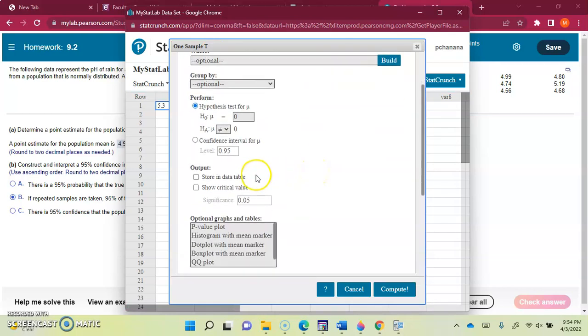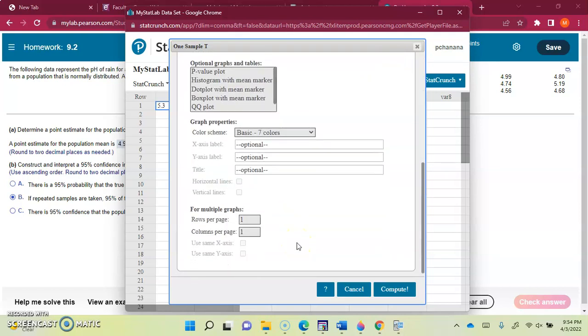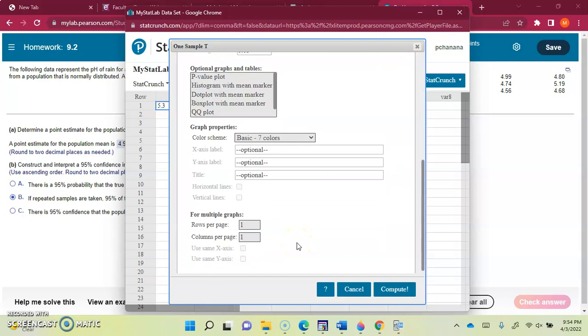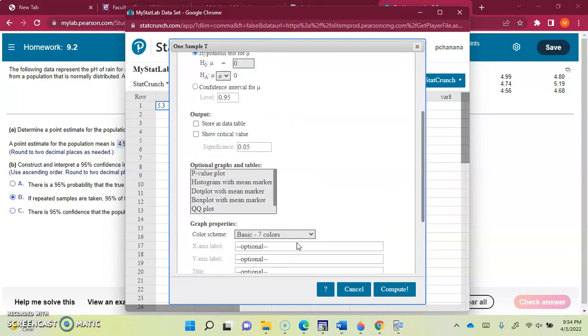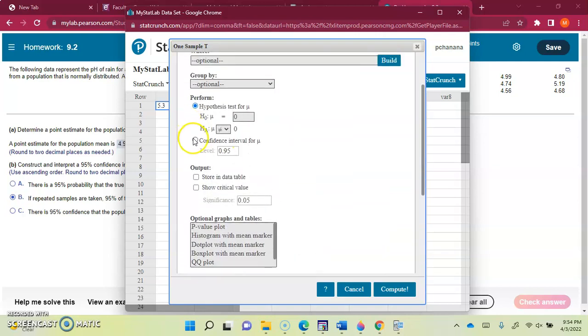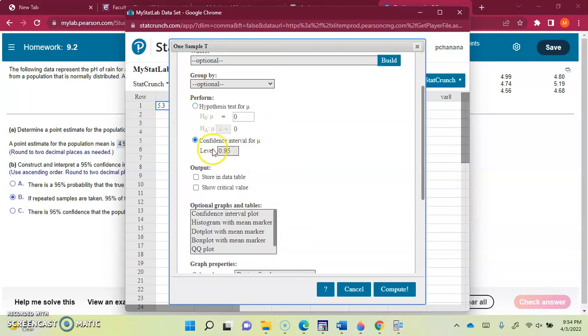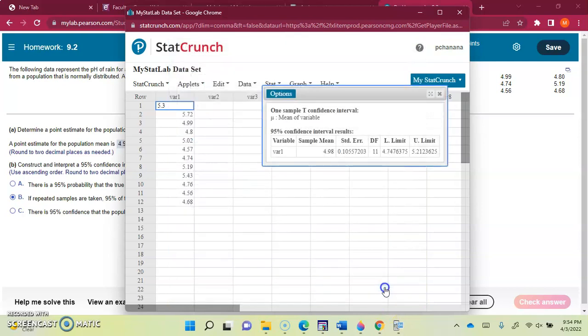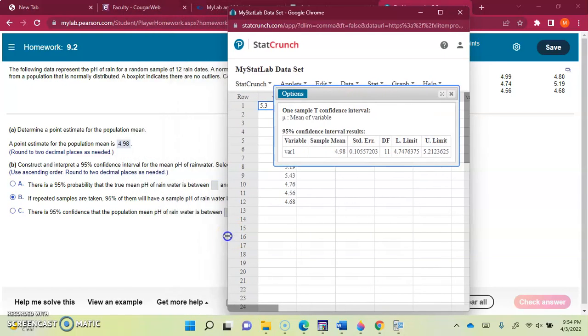I do not need all this, but I do need the confidence interval. Here is the confidence interval and we need 0.95. So compute. And here they give you the lower limit and upper limit like this. That's how it shows here in the StatCrunch.